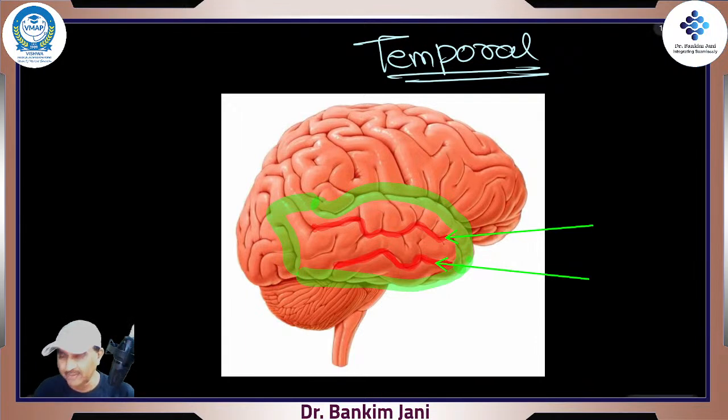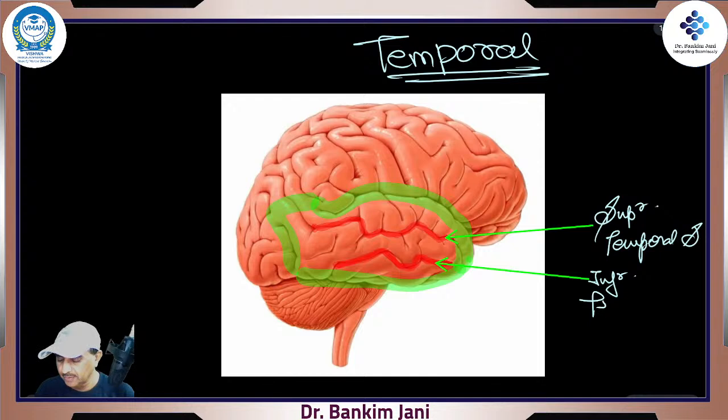So why give any crazy name? So this one is the superior temporal sulcus, and the one below would be the inferior temporal sulcus. Done. The moment we say this, it is dividing this entire lobe into gyri.